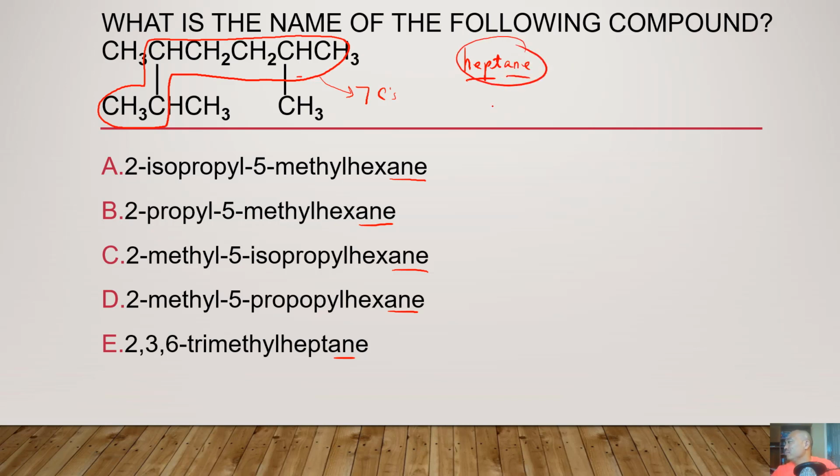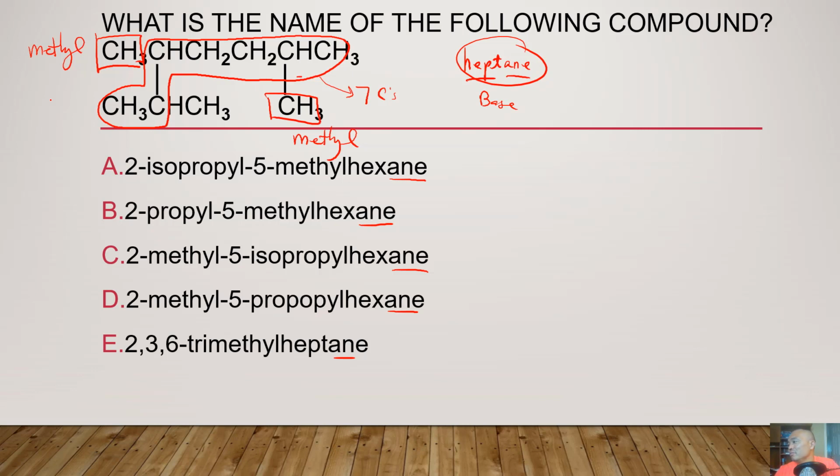That's the base name. But we're going to put the branches before the base name. So what are the branches? This is one of the branches. This is also one of the branches, and this is called a methyl group, because it's 1 carbon. So this is also a methyl group over here. But you also need to identify the position number for the branch.